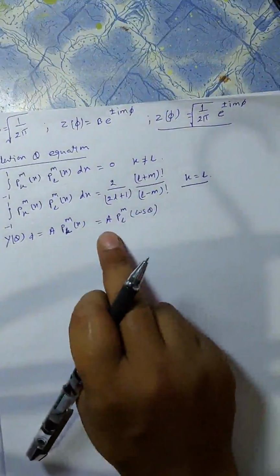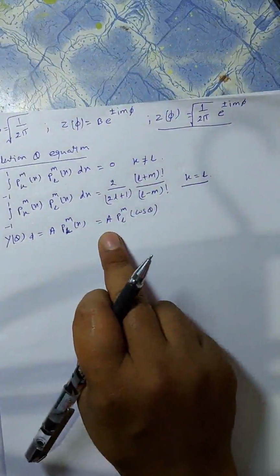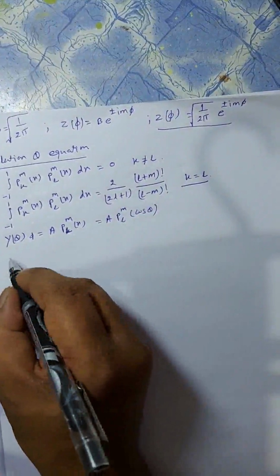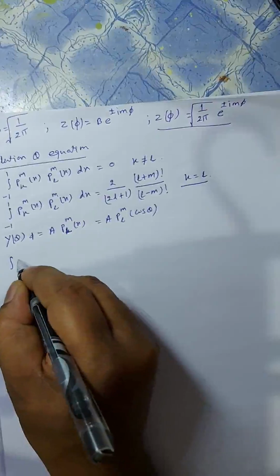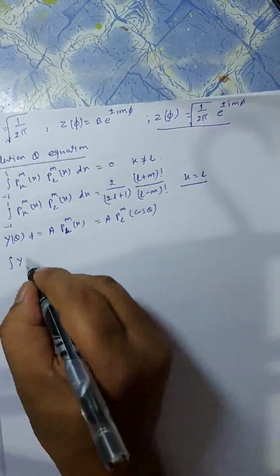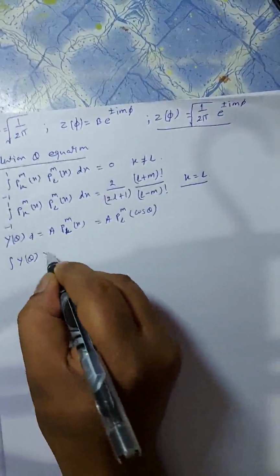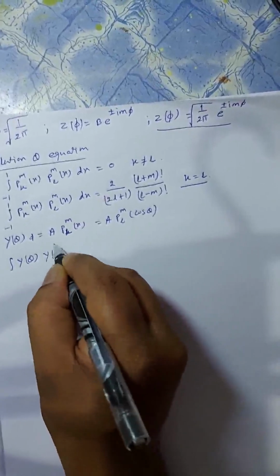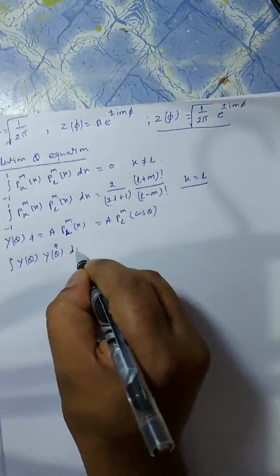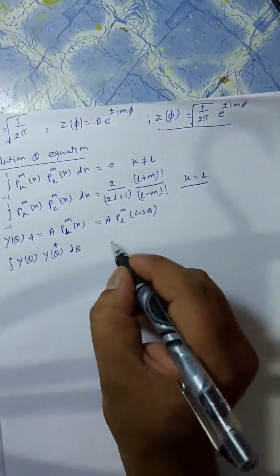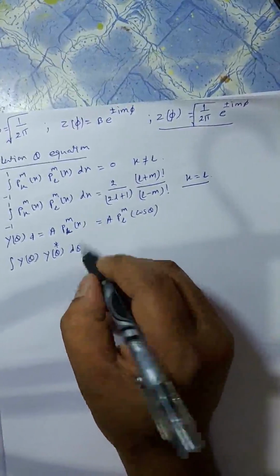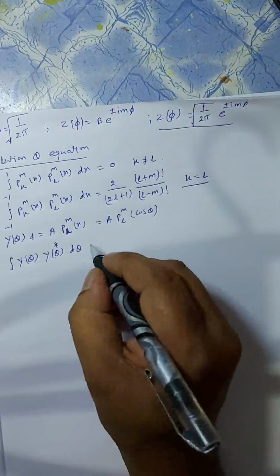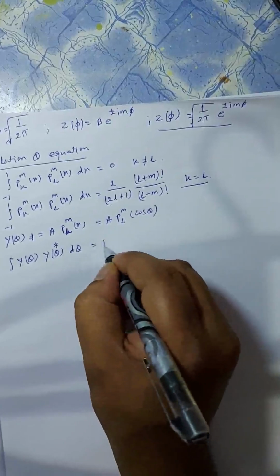Then I want to find out the value of A. So what we do now, we have to find the normalized equation. The integral of Y(theta) Y*(theta) d theta is equal to 1.